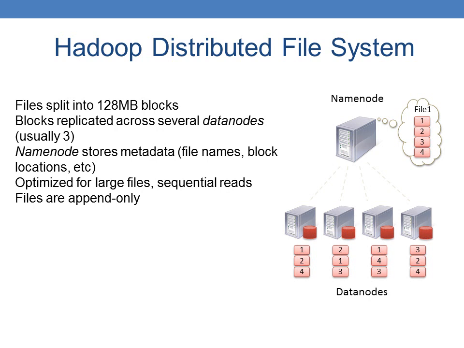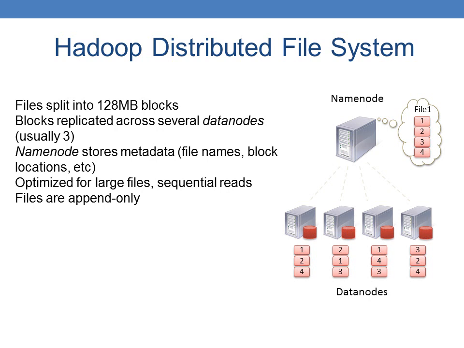The file system: Hadoop Distributed File System. Files are split into 128 megabyte blocks replicated across several data nodes. Usually the name node stores metadata: file names, block allocations, etc. It is optimized for large sequential file reads, and files are append only.